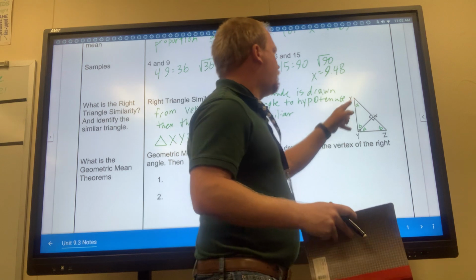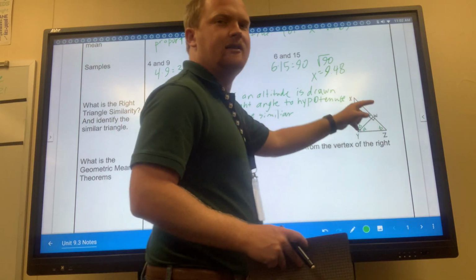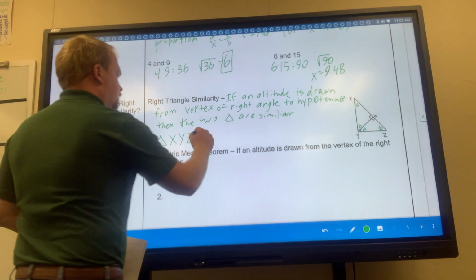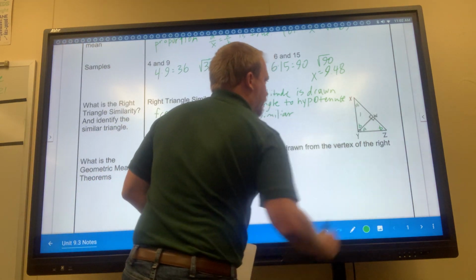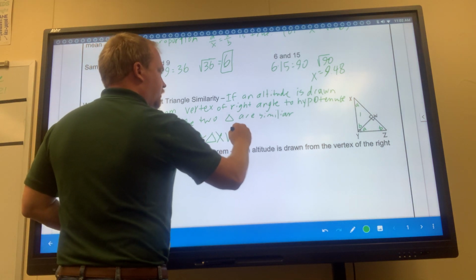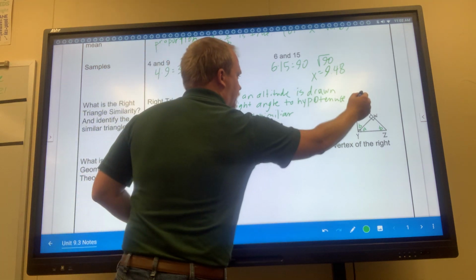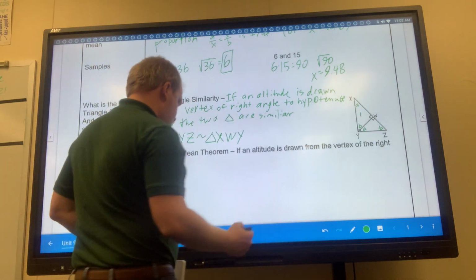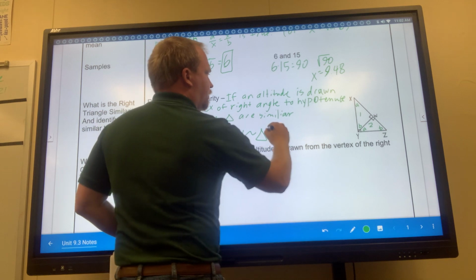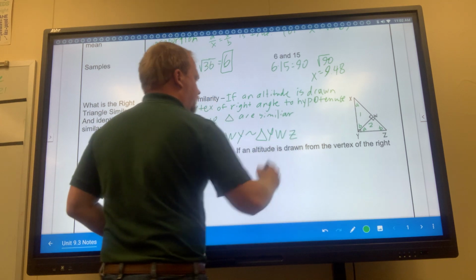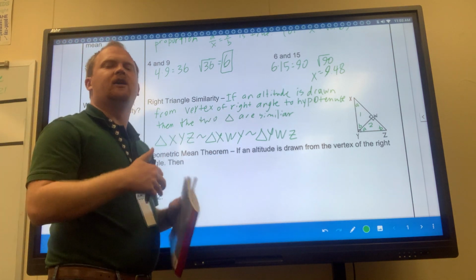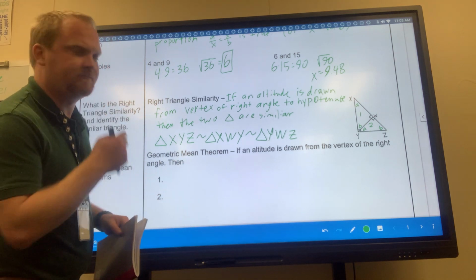If I have X, Y, Z, I'm going from A, right angle, to B. So for triangle number 1, I'm going from X, W, Y. And for the second triangle, I'm going from Y, W, Z. That's how I determine that these three triangles are similar to each other.